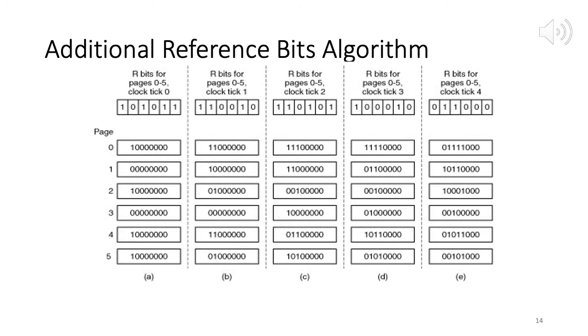So this is the additional reference bits algorithm. Keep a certain number of bits per page, and after every time interval, record the reference bits for all pages, add them to the set of bits that you have, and then when you have to evict, choose the one with the lowest value.